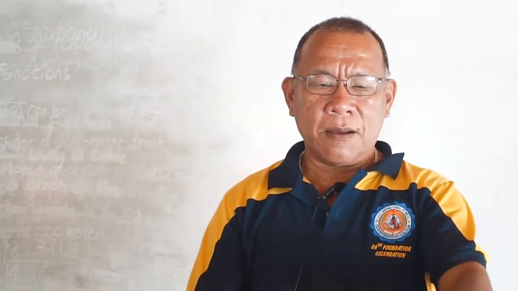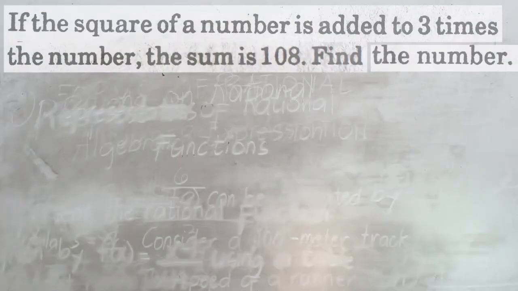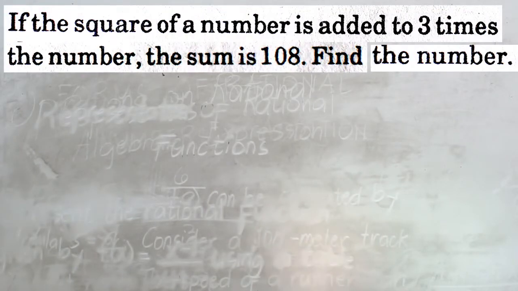Okay, for example, problem number 1. If the square of a number is added to 3 times the number, the sum is 108. Then find the number.